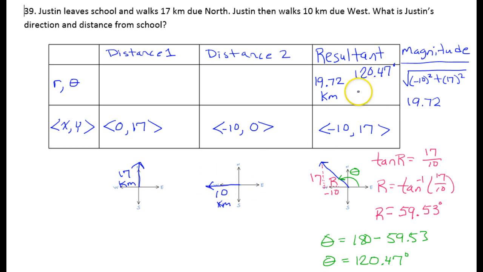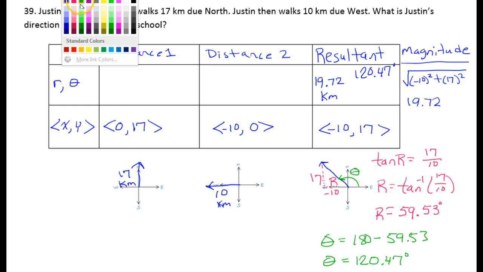So really, we should use a different system for the direction, involving north, south, east, and west. So, for example, what we could do is look at that reference angle. We could think of this vector as starting to the west. Let's see, what's the best way to do this?